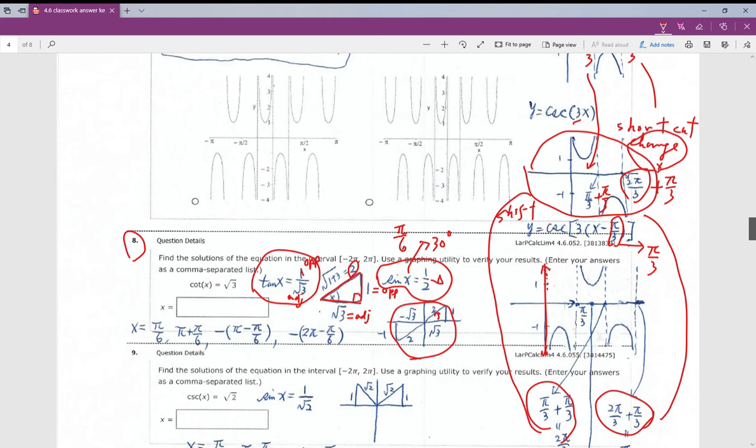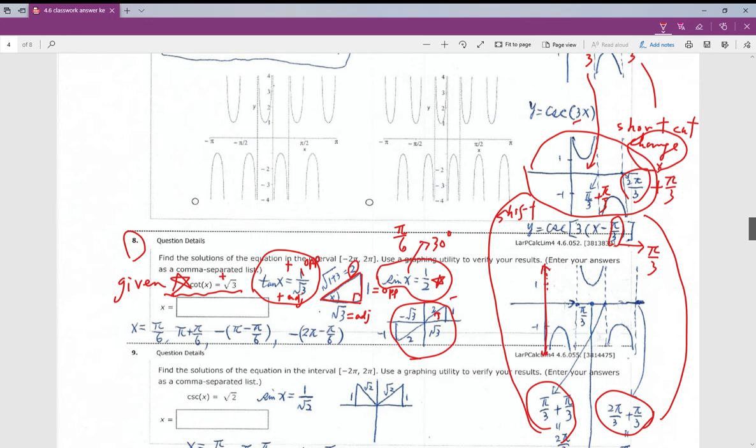Now, we don't only pay attention to sine x equals 1/2. Actually, you need to pay attention to our original given. The given question is talking about cotangent is positive. When cotangent is positive, it means your opposite and adjacent are either both positive or both negative.